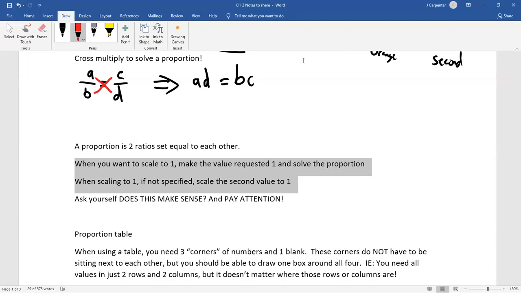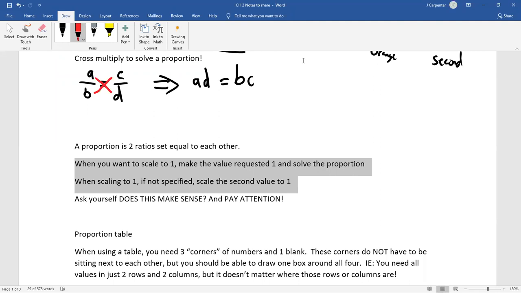Scale the apples to 1. That tells us which one to scale to 1. Or they might say, scale the oranges to 1. And again, that tells you which one to make a 1, whether you're going to make a top or a bottom 1. So you'd have a fraction with the 200 and 300, and then you'd have another fraction with a 1. It's just a matter of whether you put it in the top or the bottom. The problem generally will dictate whether it should be in the top or bottom. How do you know? You pay attention.